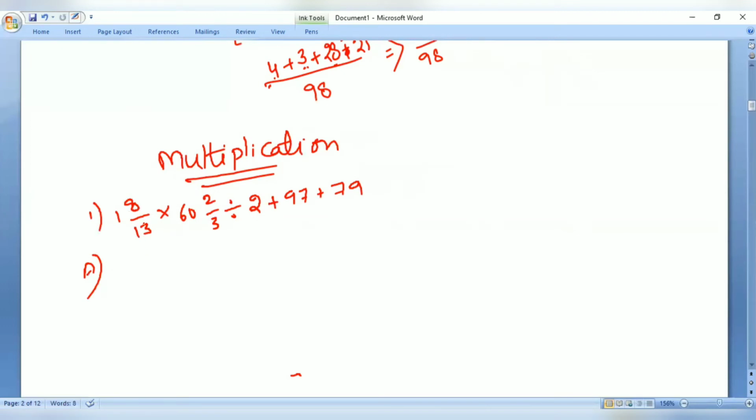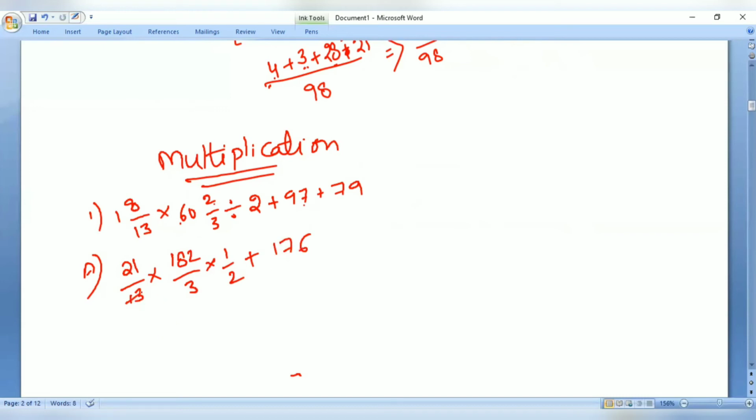13 ones are 13 plus 8, it is 21 by 13 into 3 into 60, 180 plus 2, 182 by 3. This divide, if you go, it becomes 1 by 2 plus 97 and 79. It becomes 7 plus 9, 16, 10 7s, 176.